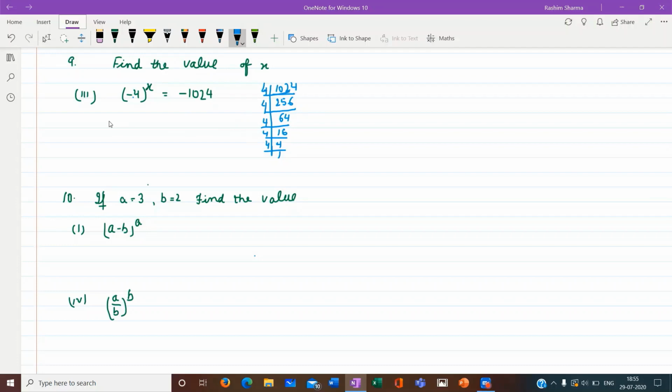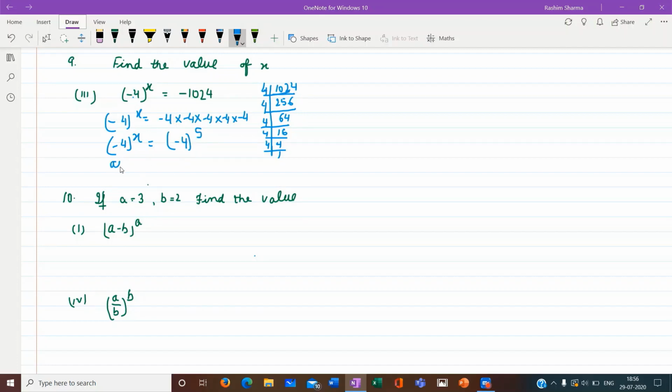So we can say that minus 4 raised to power x is equal to, here we can write it as minus 4 into minus 4 into minus 4 into minus 4 into minus 4. So this left side as it is, right side we get minus 4 raised to power 5.